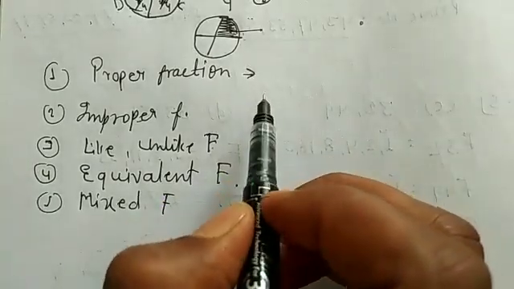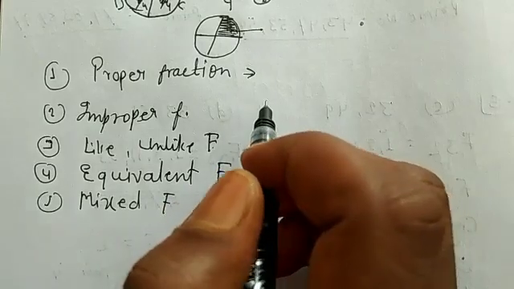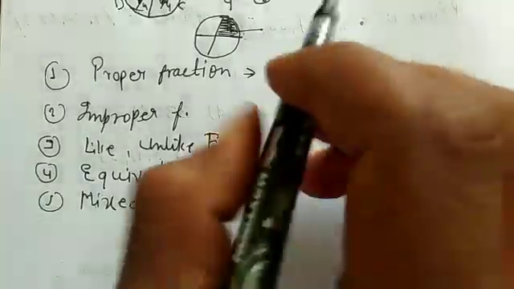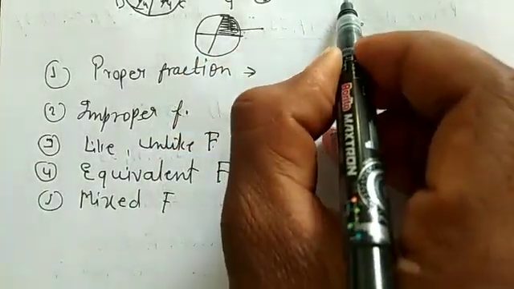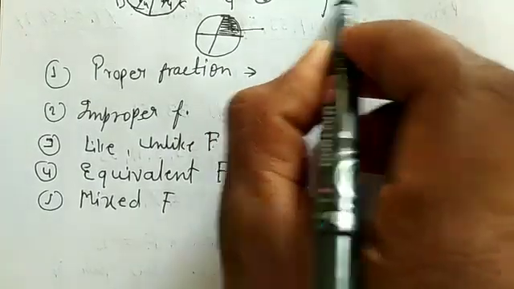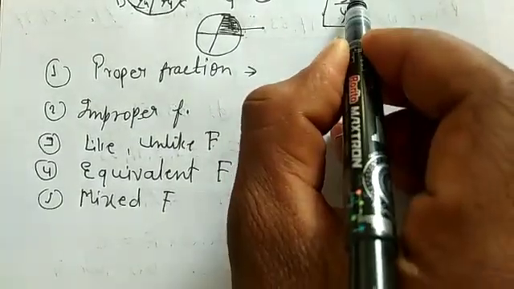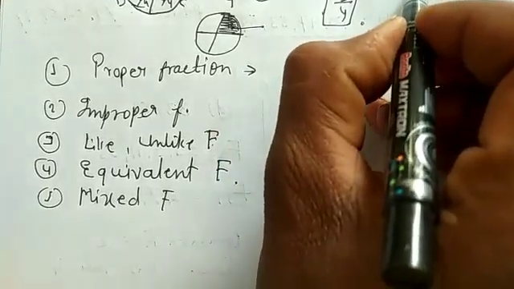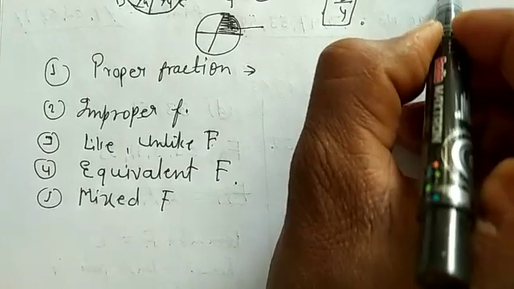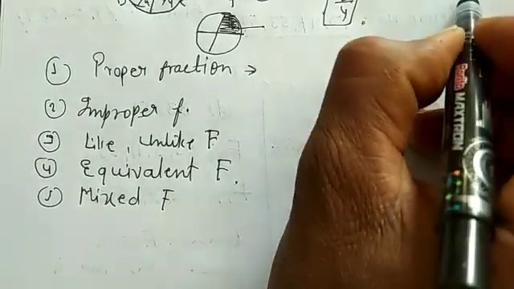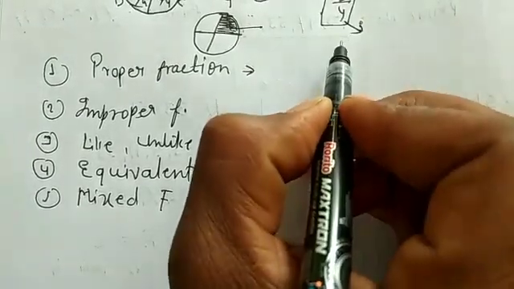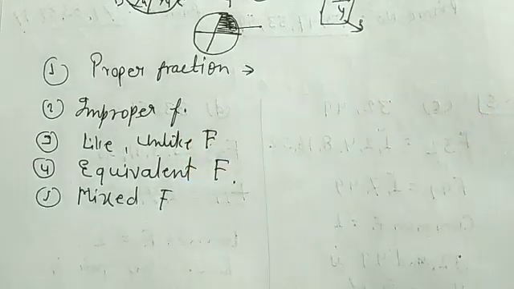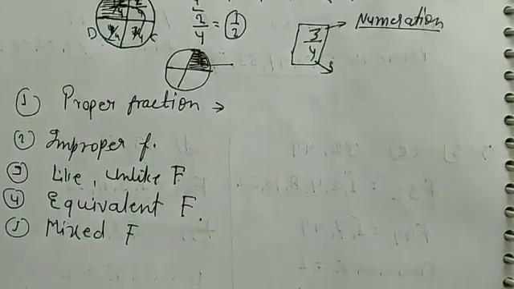First of all we will discuss proper fraction. Suppose that this is a fraction 3 upon 4. In this fraction the upper part of the fraction is called the numerator, and the lower part of the fraction, the lower term, is called the denominator.